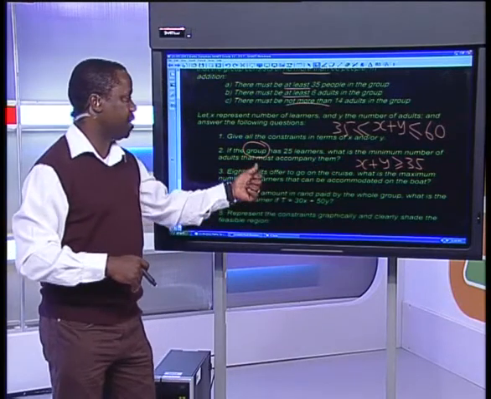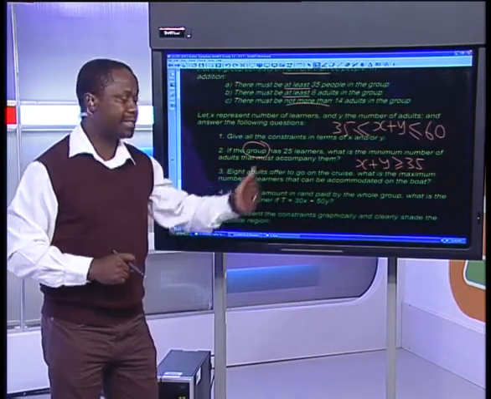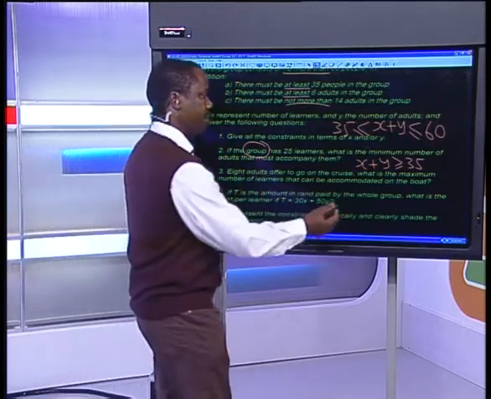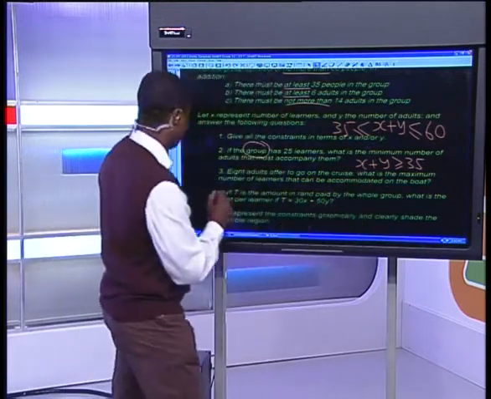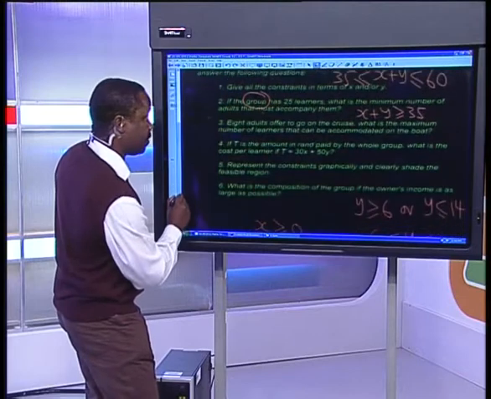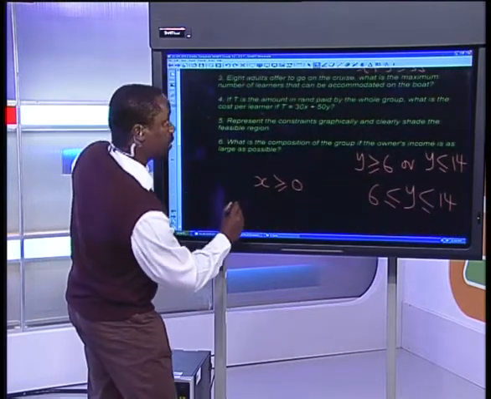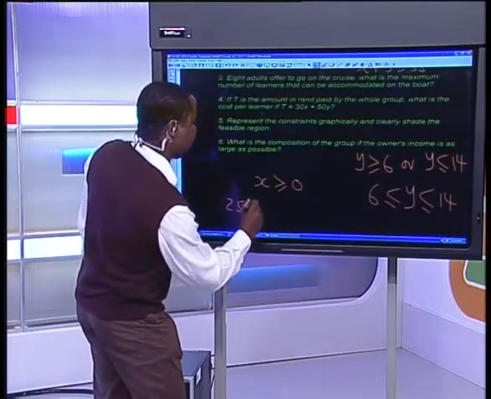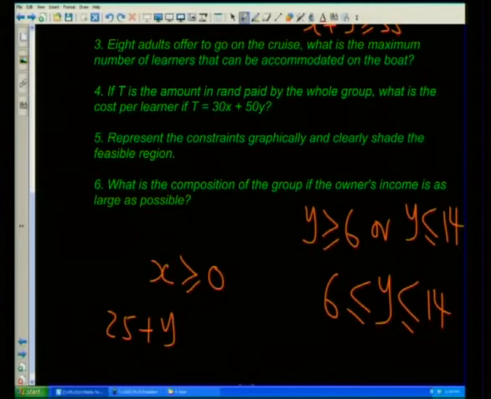Then if you say to me there are 25 learners, x represents the learners, I'll simply put 25 where I see x, and what comes up is 25 plus y must be greater than 35.